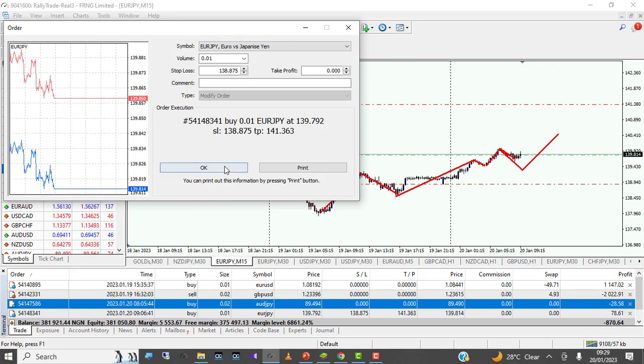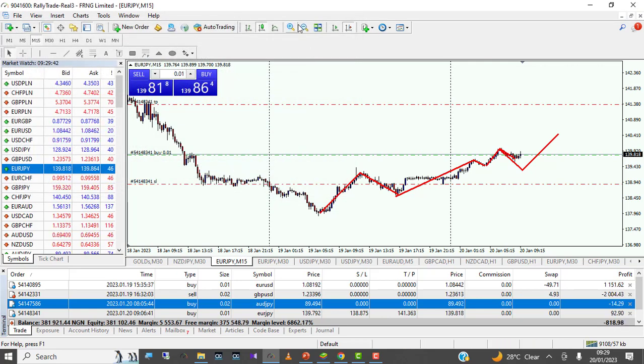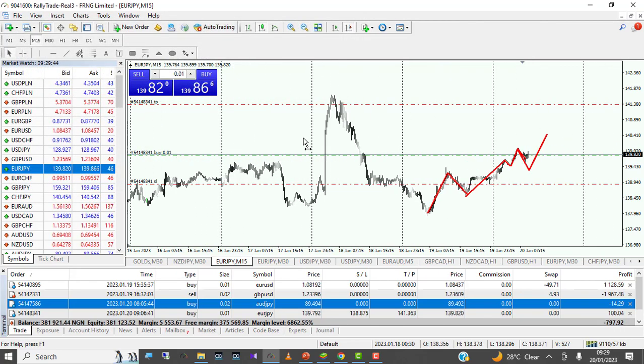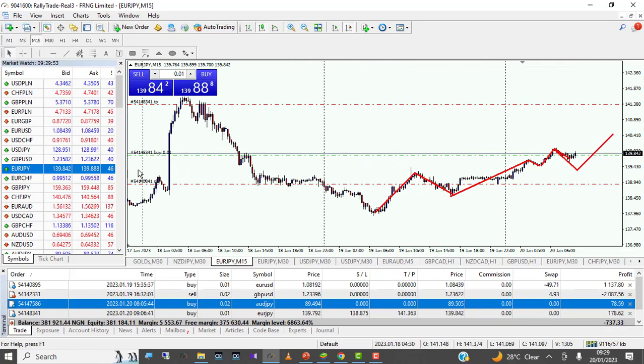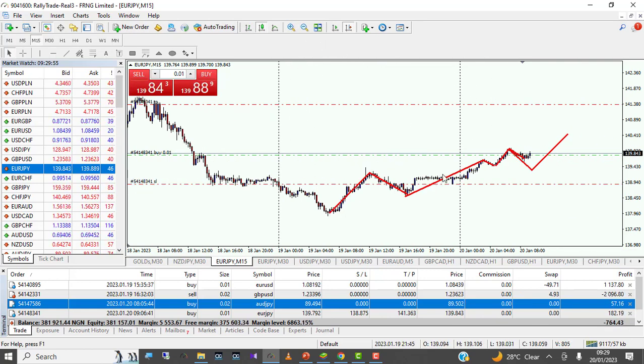With this now, we've been able to look at this market, the way the market has been structured, and use it to know the direction the market is going, which obviously from what I've drawn is an upward movement here. From that, we have been able to take a position, take a trade.